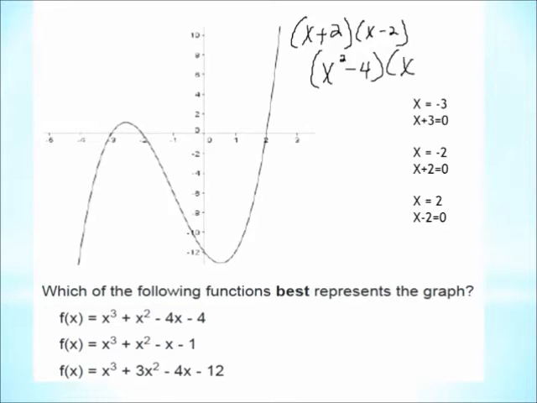And then I can actually multiply my x plus 3 times it. And my result is going to be the last equation. Sorry about that. So we would end up with x cubed plus 3x squared minus 4x minus 12.